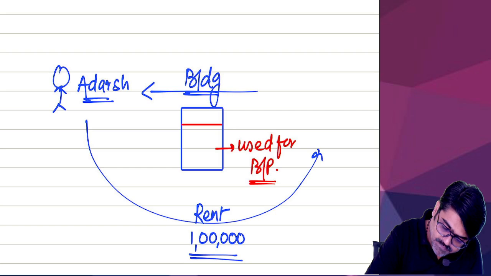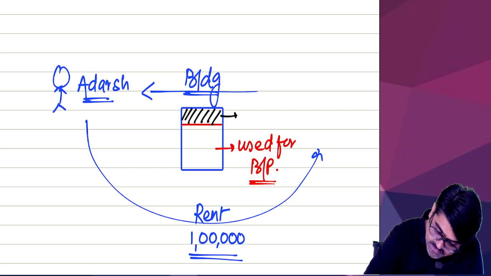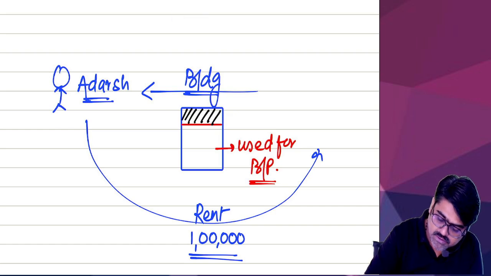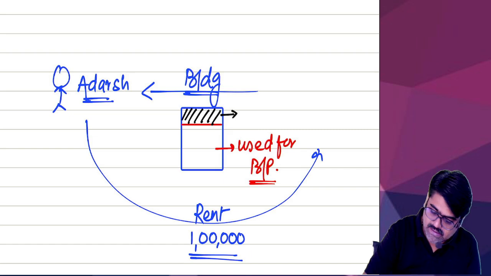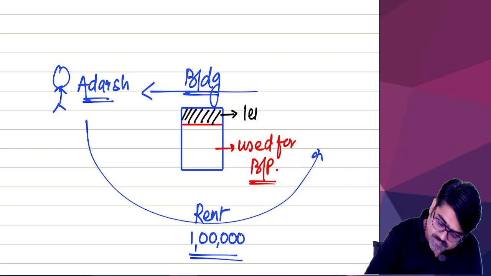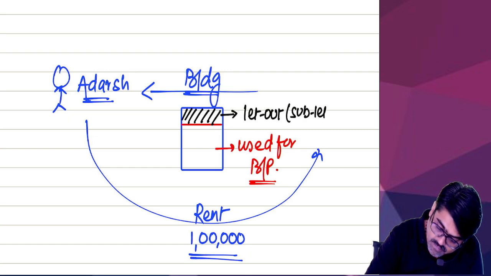And the remaining part is not used by Adarsh for his business or profession. Rather, this is let out. Let out means sublet, for a rent of rupees 30,000, 35,000. Possible or not?